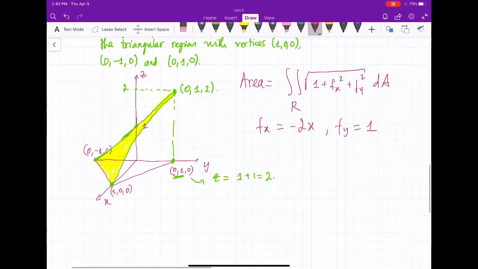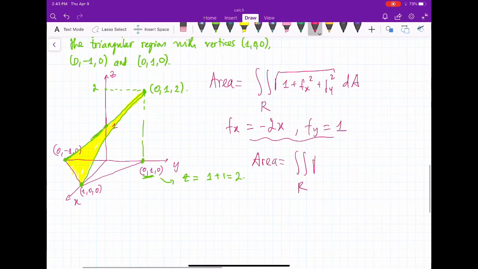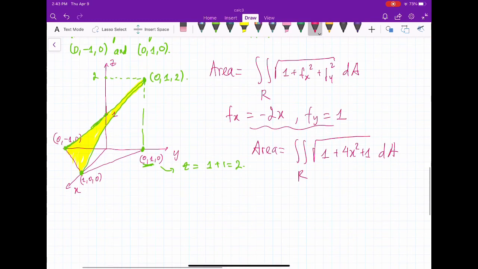Okay, and we plug these two functions into the area formula. We have the area is equal to the double integral over R of the square root of 1 plus 4x squared plus 1 dA, and that is the double integral over R of the square root of 2 plus 4x squared dA.